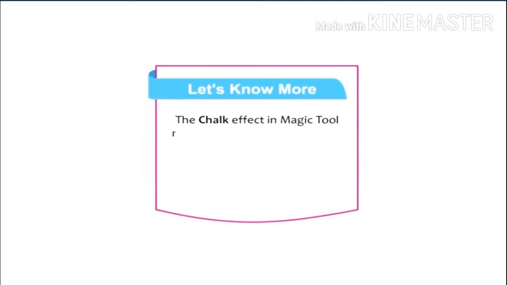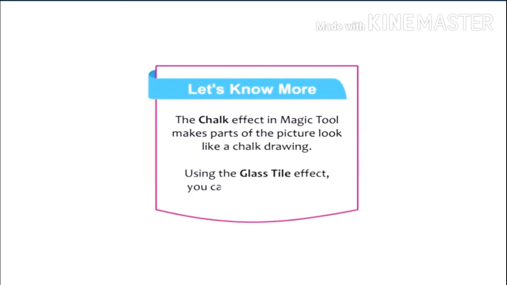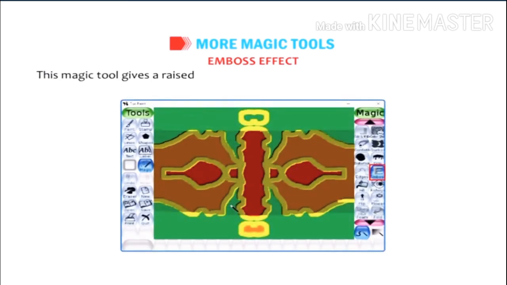The chalk effect in the magic tool makes a part of the picture look like a chalk drawing. Using the glass effect, you can see your drawing through the glass tiles. Emboss effect. This magic tool gives a raised effect to an object from the surface that you have drawn.